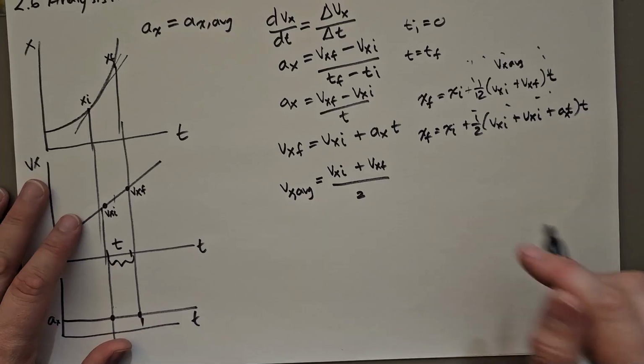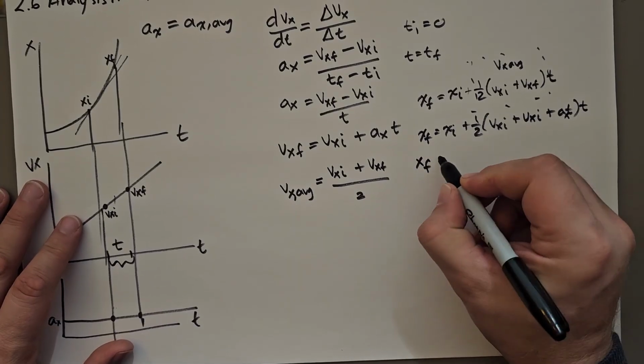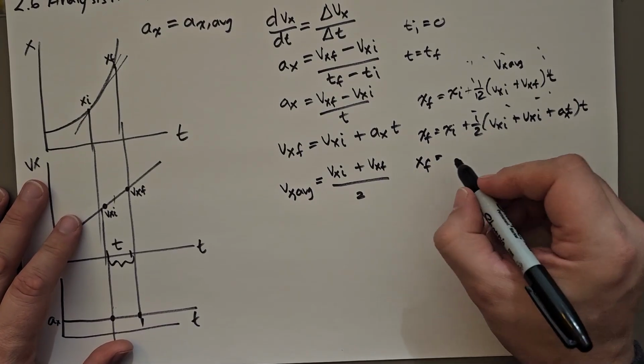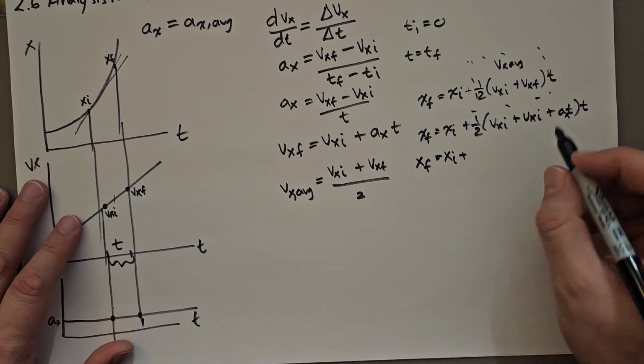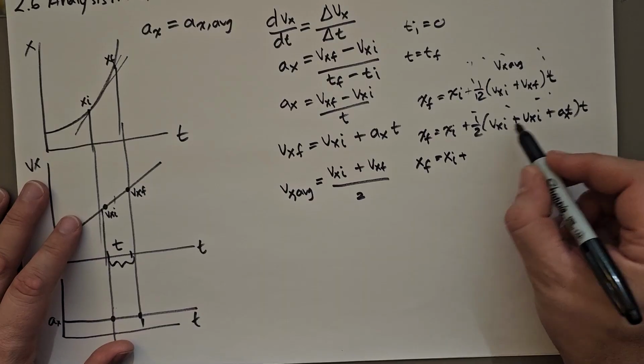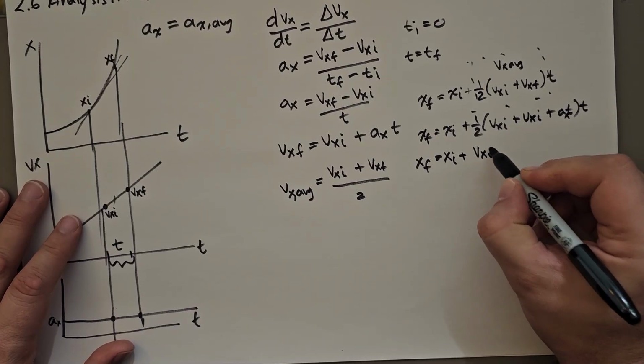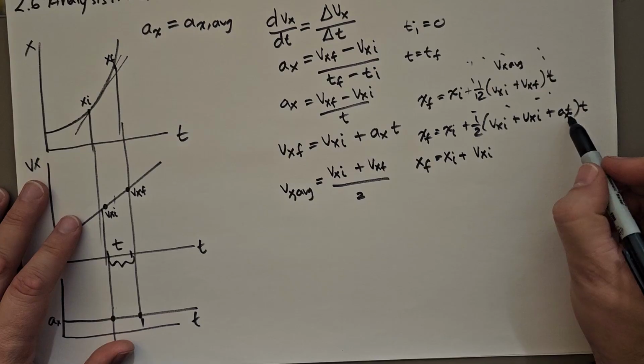Then let's distribute out the t there. So we get 2 of these Vxi's times 1/2, so that's just 1 Vxi. And then 1/2 times a t squared.